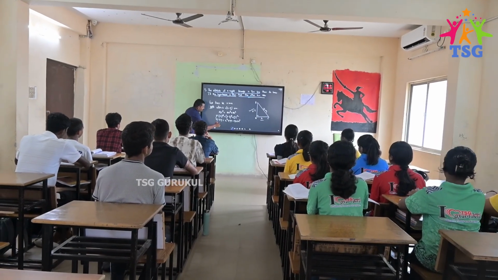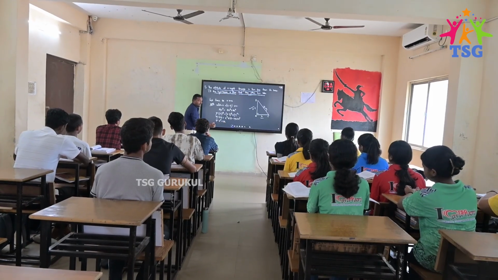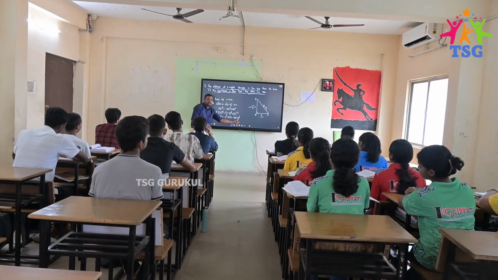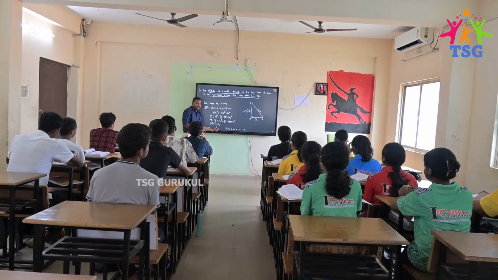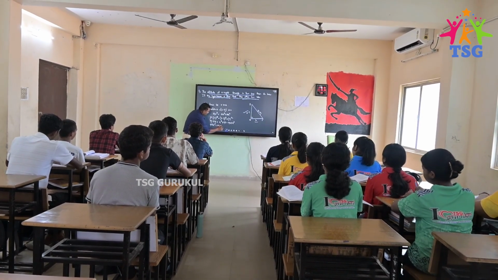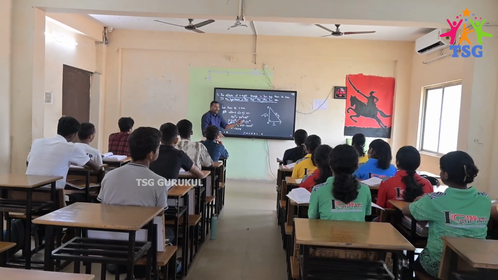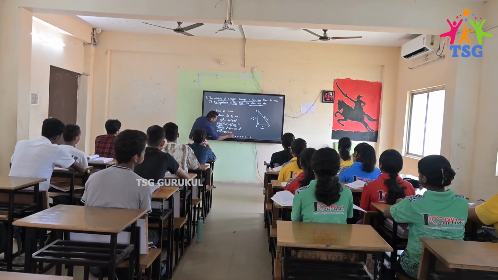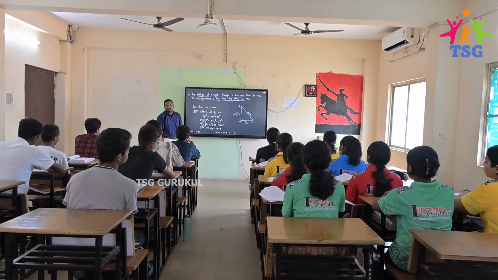Now look at the board please. x square plus x square, we can write 2x square. Now minus 14x plus 49. This 169 we transpose from left side to right side, it will convert into minus 169 is equal to 0.